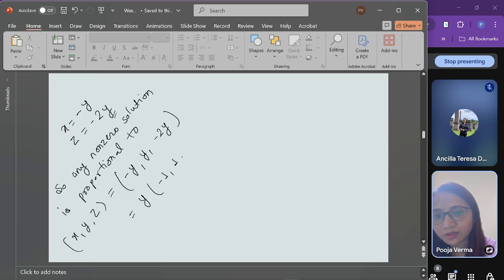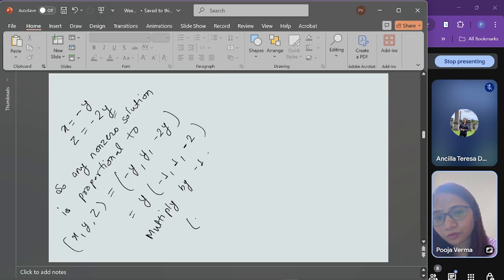Minus 1, 1 and minus 2. Now, to make it in that homogeneous form, can we just multiply by minus 1? Then it will still be a valid homogeneous vector.